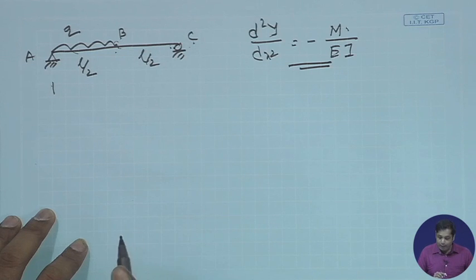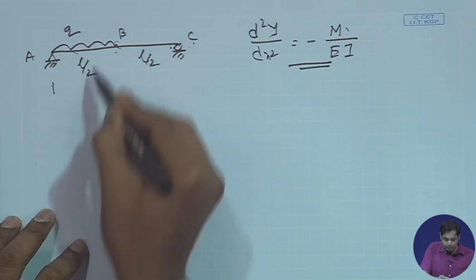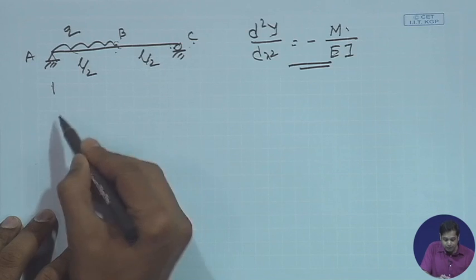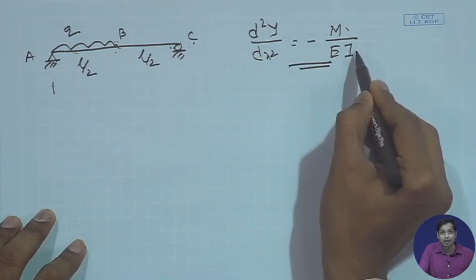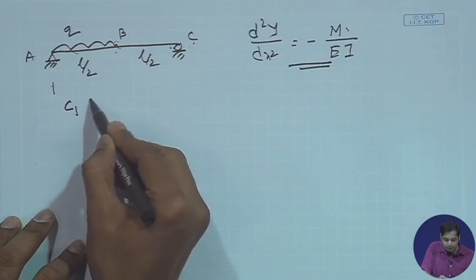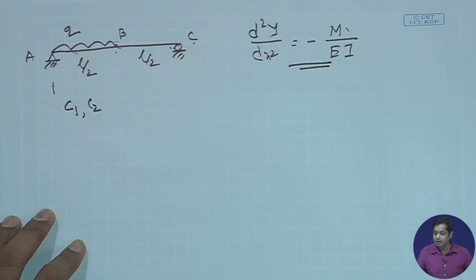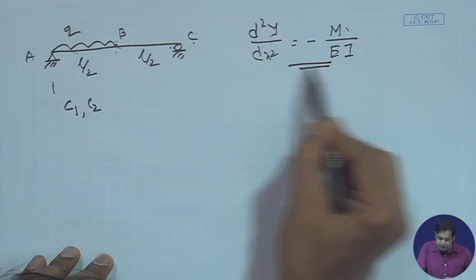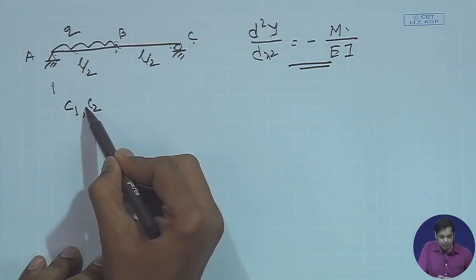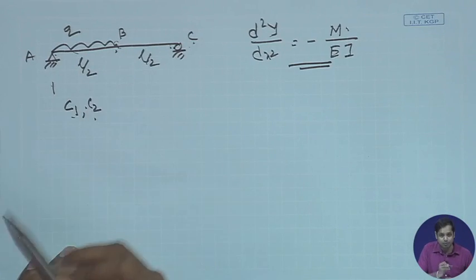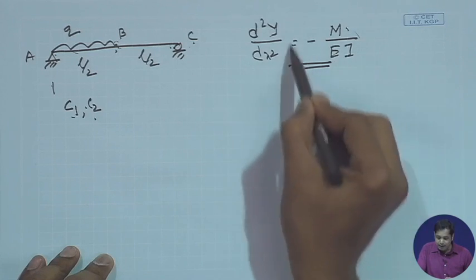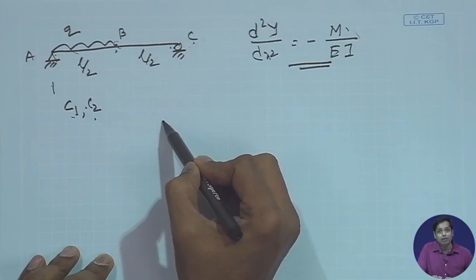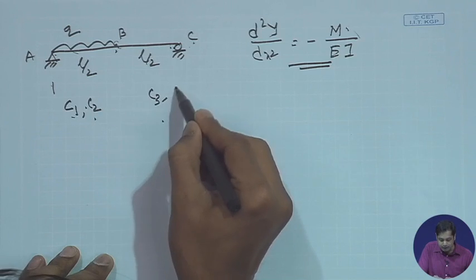Now when you apply it for this part, it will give you two constants, C1 and C2, because it is a second order equation. Like in a simply supported beam, when we integrated it we had two constants, and we could determine those from the boundary conditions. Applying the equation over BC will also give us two constants, C3 and C4.